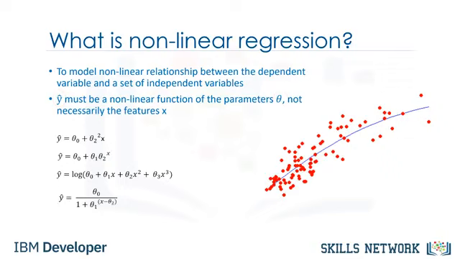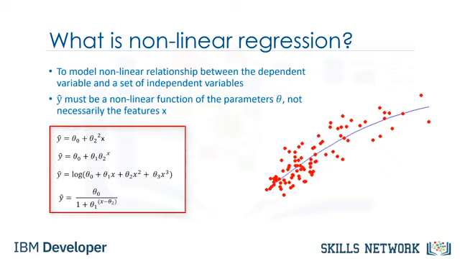When it comes to nonlinear equations, it can be the shape of exponential, logarithmic, and logistic, or many other types. As you can see in all of these equations, the change of y hat depends on changes in the parameters theta, not necessarily on x only. That is, in nonlinear regression, a model is nonlinear by parameters.